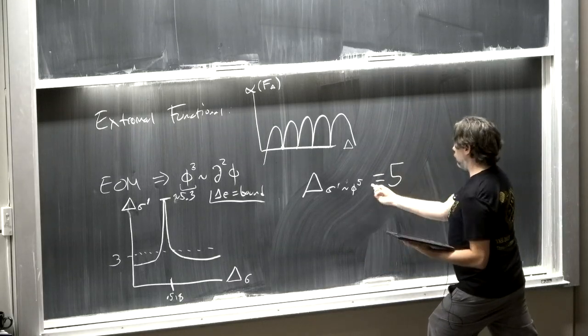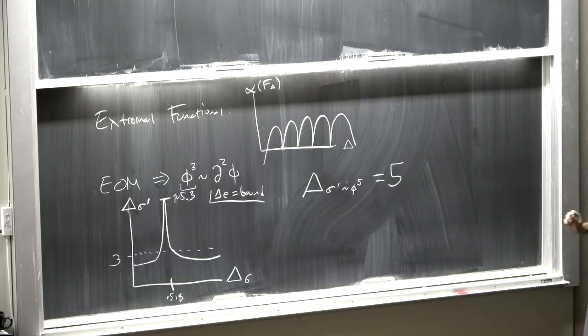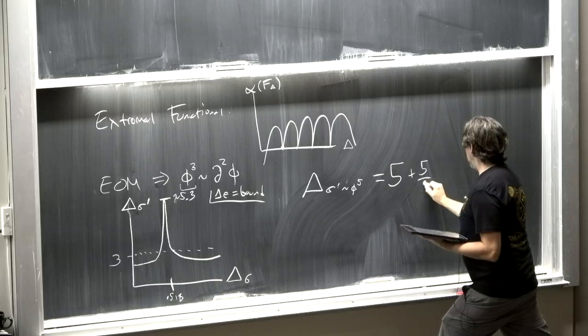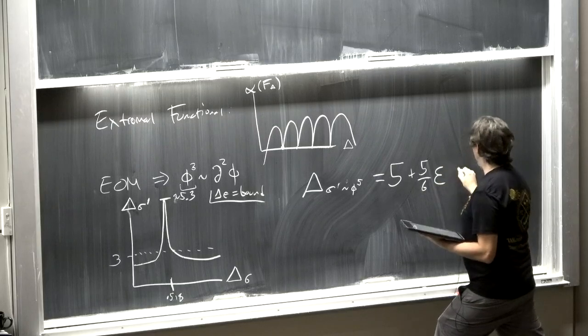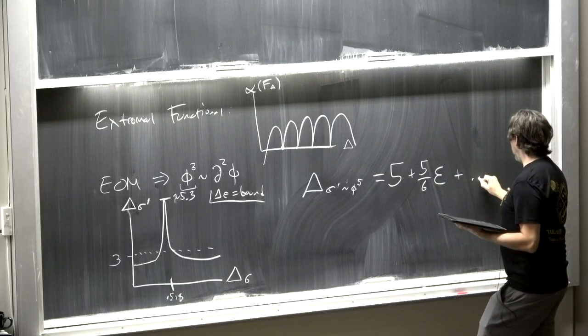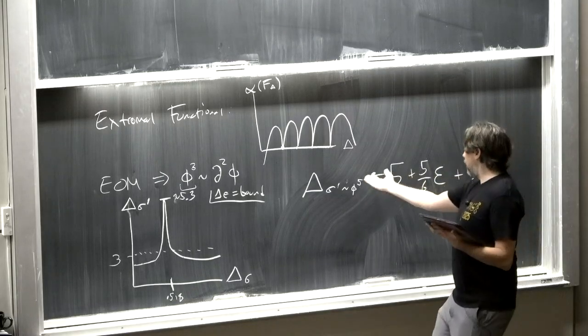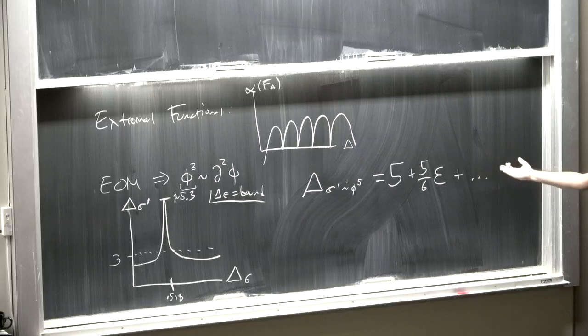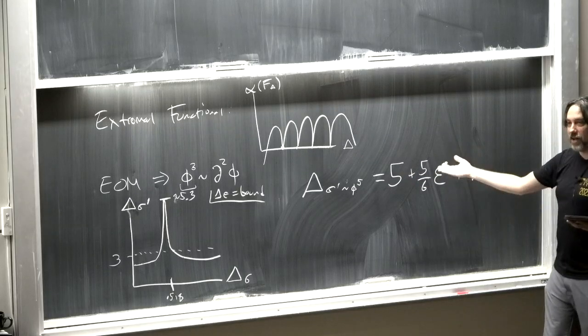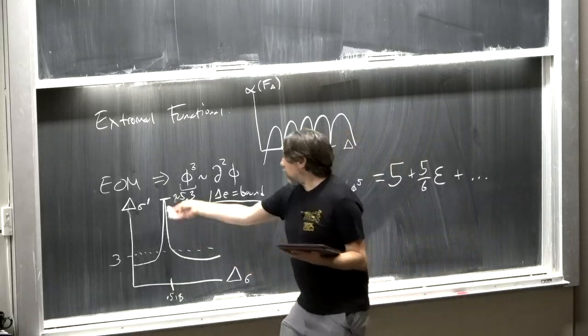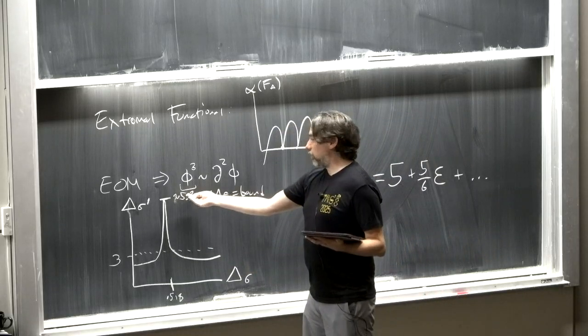It has scaling dimension 5, the starting point in d equals 4, plus 5/6 epsilon plus corrections. So it all looks pretty consistent. The epsilon expansion says it's a little bit bigger than 5, maybe between 5 and 6, and the bootstrap bound puts it around 5.3.